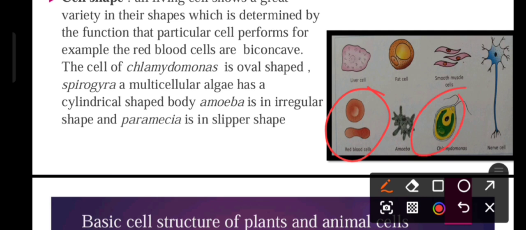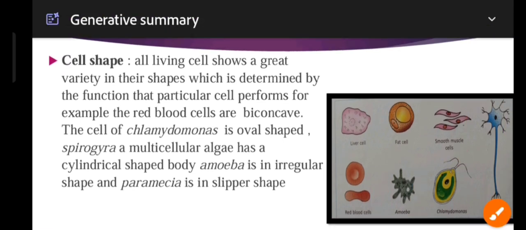Chlamydomonas is oval in shape. The nerve cell is thread-like. Spirogyra and amoeba are both irregular in shape. Some algae are cylindrical, and paramecia are slipper-shaped. So these are all the shapes of cells.